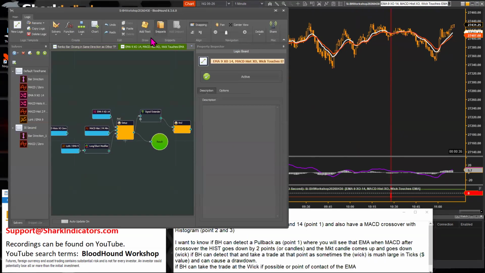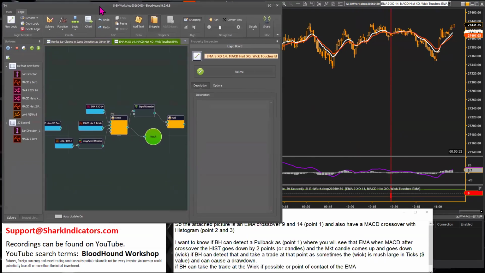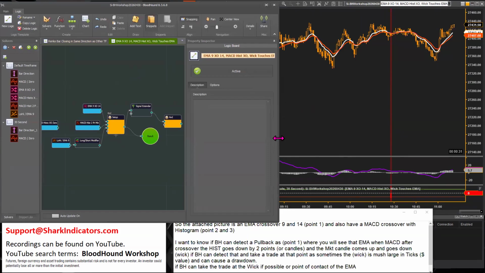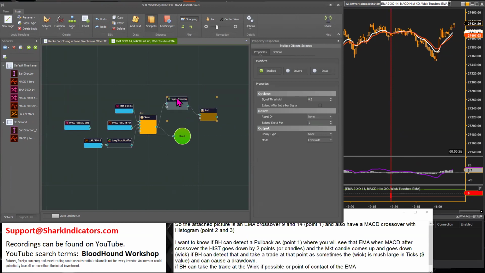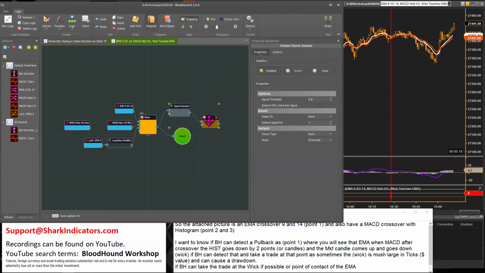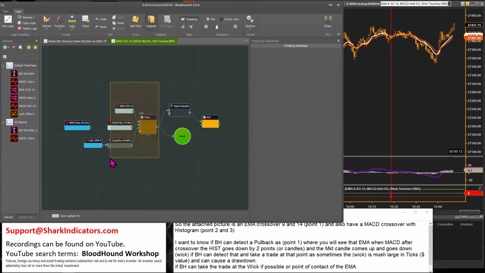Also, let me close this out with a few tips here. I did leave the signal extender and the AND node in here just in case. Having these two extra unused nodes really isn't going to impact anything because this system is very, very simple.